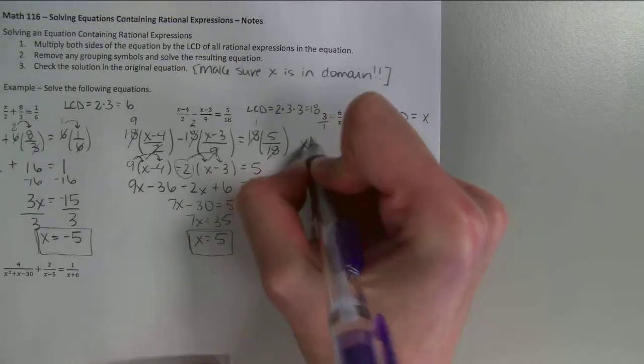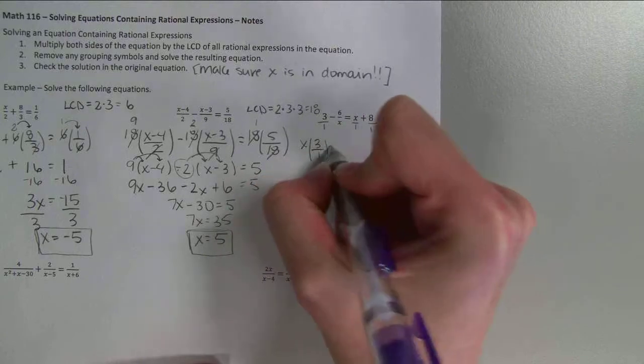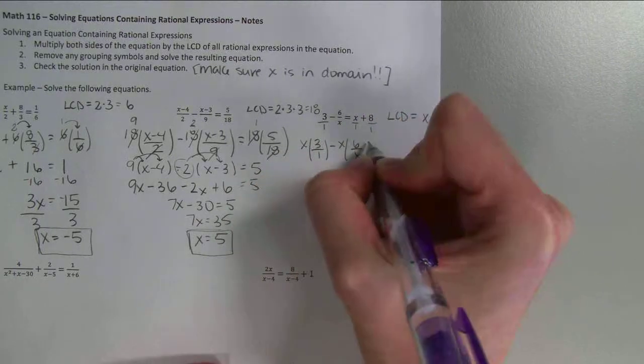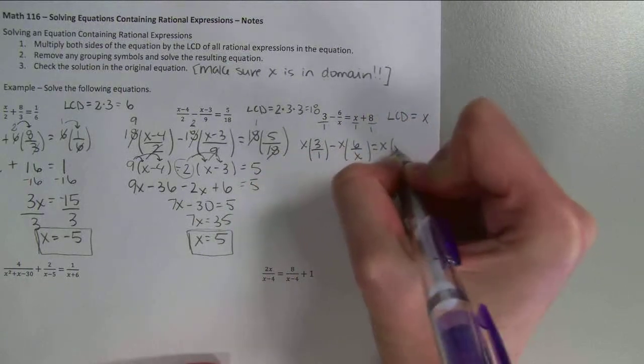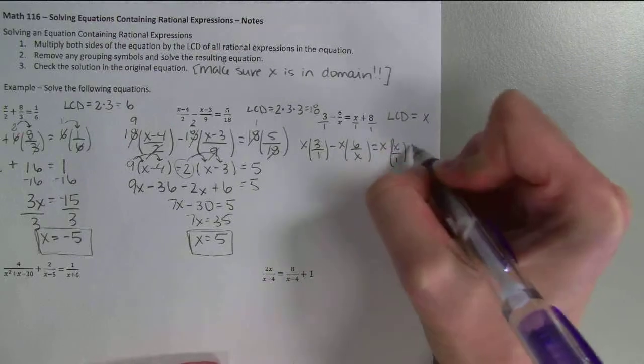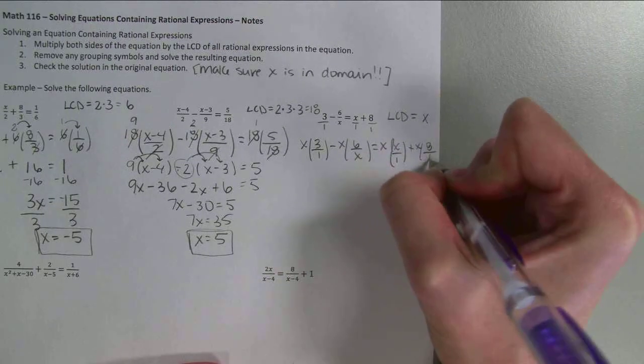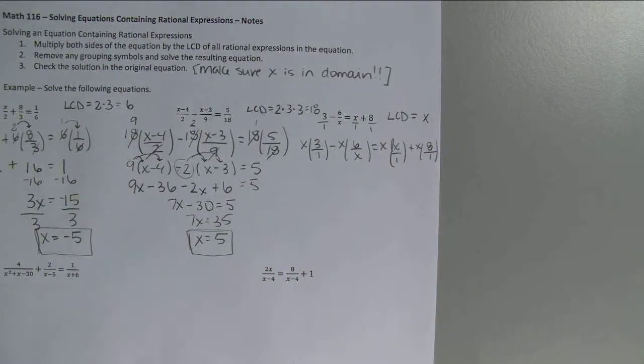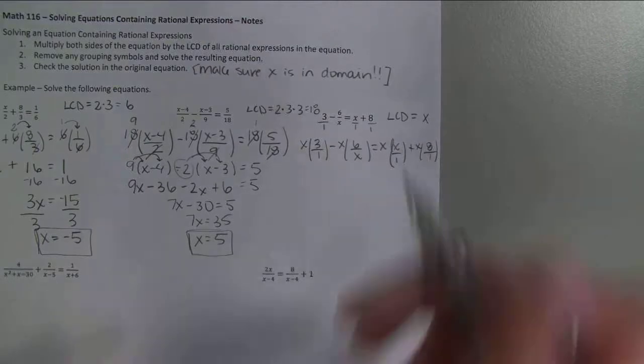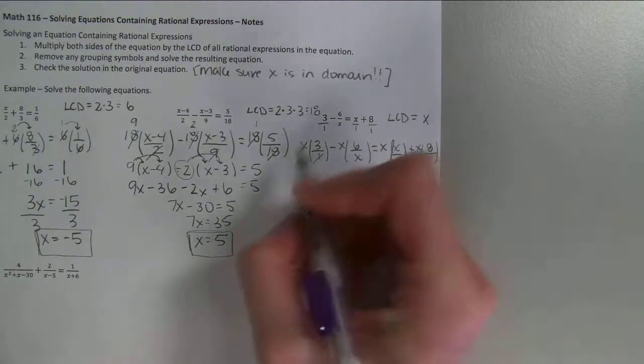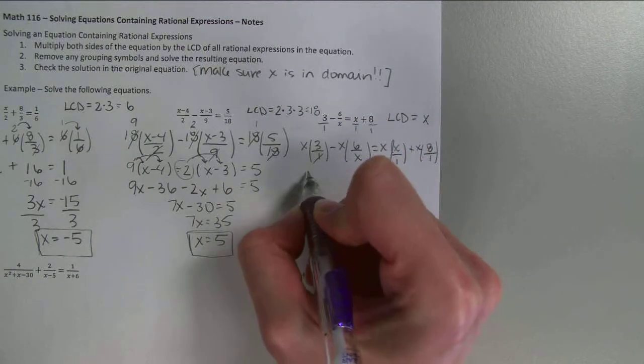So this is going to be x times 3 over 1, minus x times 6 over x, equals x times x over 1, plus x times 8 over 1. We don't really need the over 1, but I'm just showing you that they're not really going to be there. So 1 goes into x an x amount of times, so you're left with x times 3, or 3x.